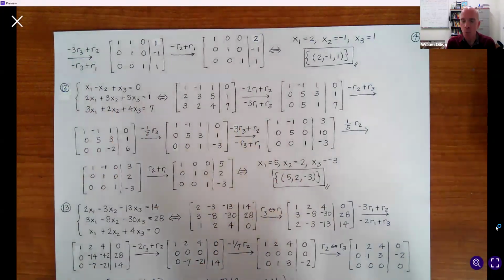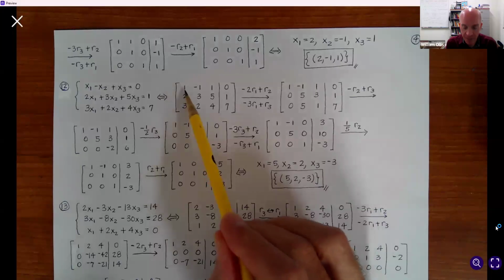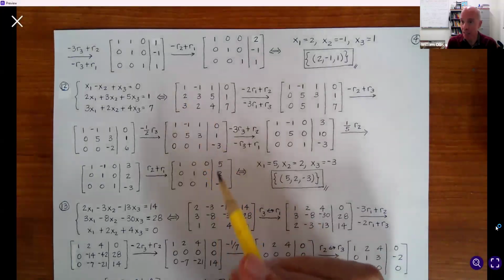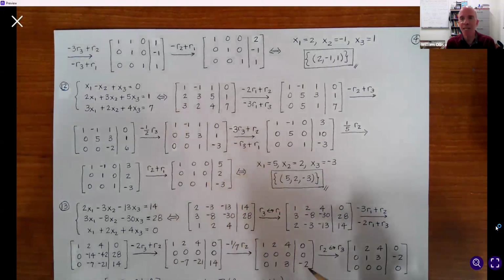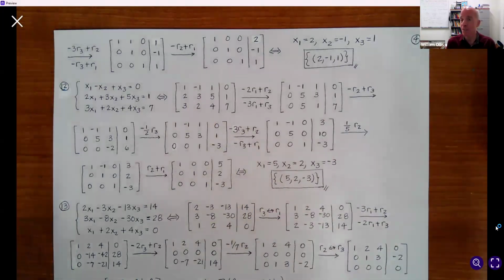Now, like I said before, often we don't have the luxury of a leading 1 here. When you have that, then that's really a plus because we know it's easy to create zeros. Like I said before, sometimes we don't create the leading 1 because it introduces awkward fractions, but we can still create zeros because the arithmetic may align itself in such a way that it's very simple and straightforward.